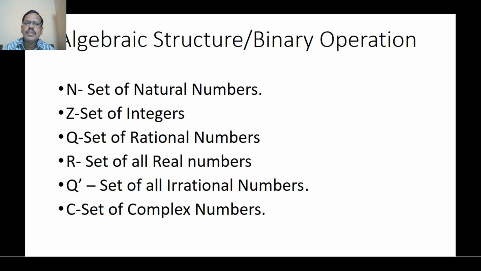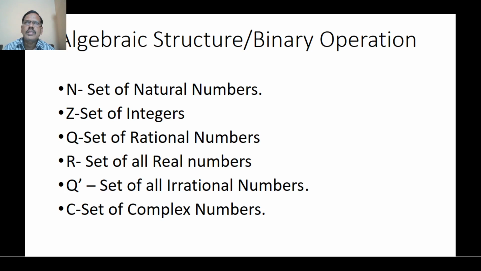The set of all real numbers consists of all rational numbers as well as irrational numbers. The set of all irrational numbers means the numbers which cannot be written in the form of p by q.